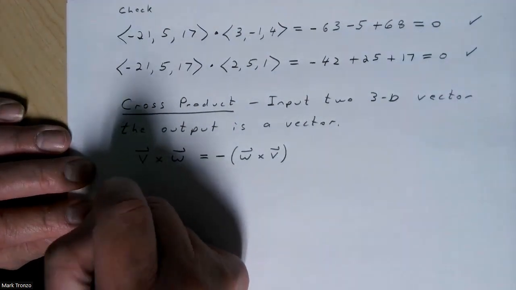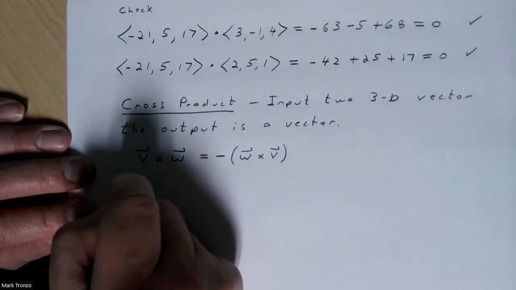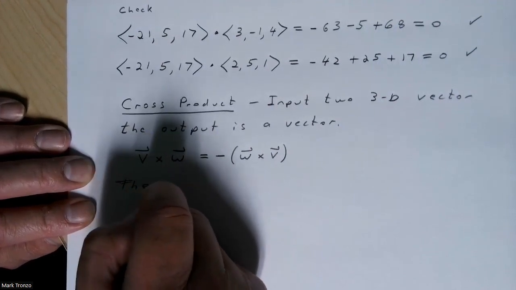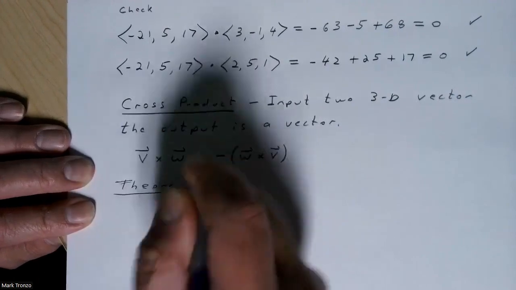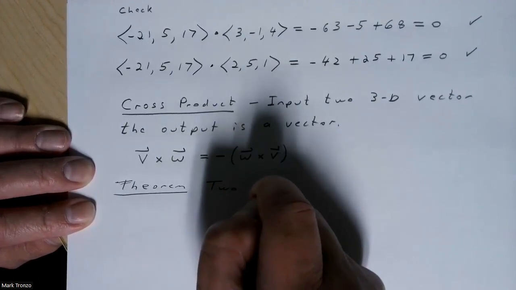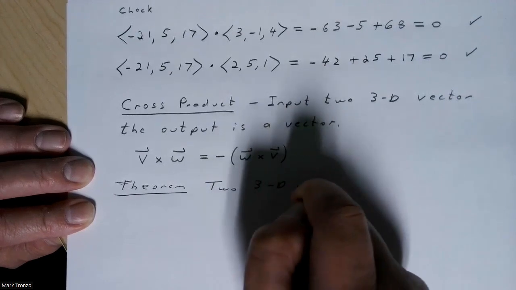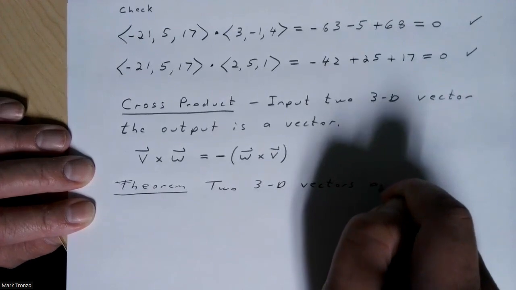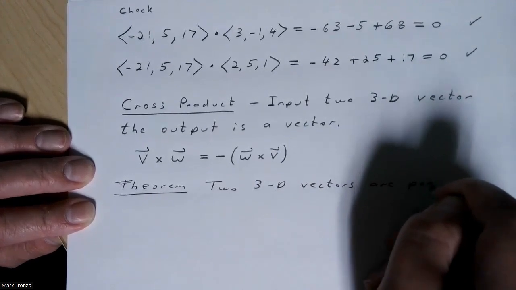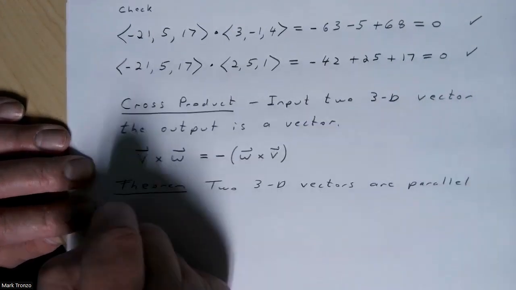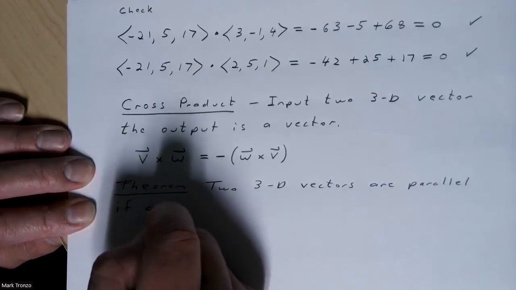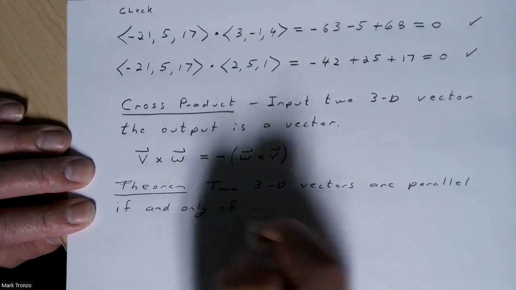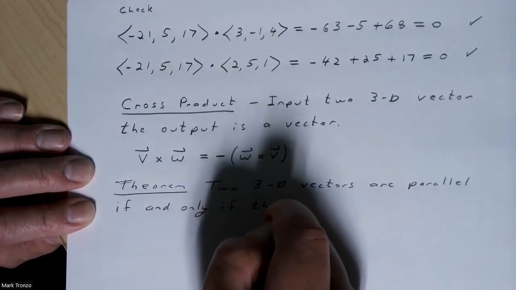There's also a theorem that says two three-dimensional vectors are parallel if and only if their cross product is 0.